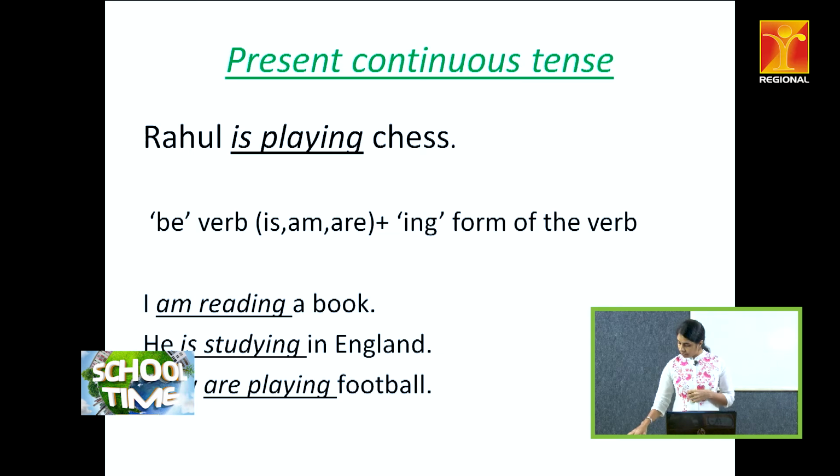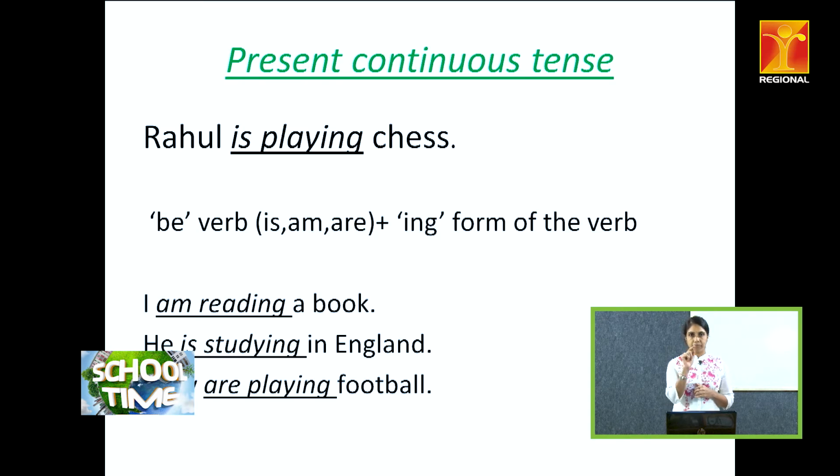How can we form such a tense? For constructing present continuous tense, we should use a be verb and the ing form of the verb. And what is a be verb? Be verb means is, am or are. That is the be verb.